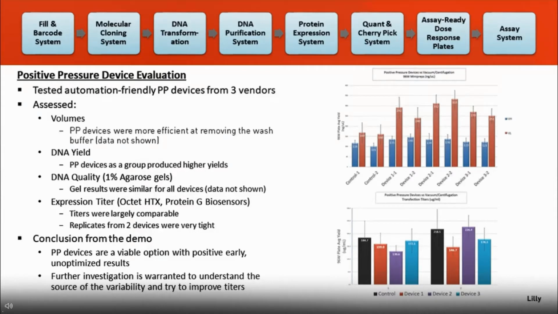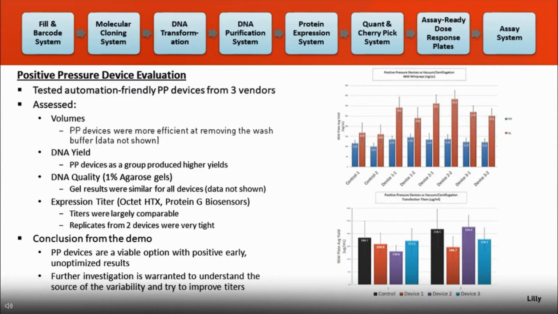And in the bottom right figure, I'm showing expression titers. What really matters at the end of the day for us is how the yields look, when we take the DNA that's purified on these and go into transfection and look at what the antibody yields are. Black bars are a couple replicate plates, and then red, purple, and blue are the 3 different vendors' positive pressure devices.